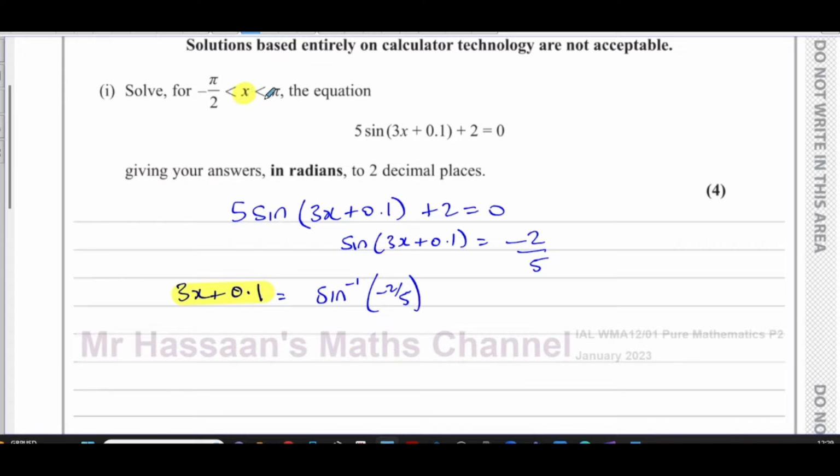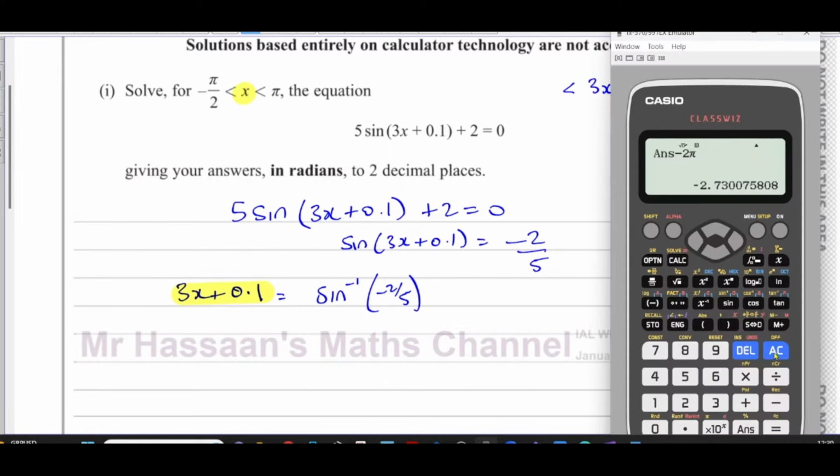So I'm going to write this middle part as 3x plus 0.1. For x to become 3x plus 0.1, it has to be multiplied by 3 first, and then 0.1 is added to it. So I'm going to do the same thing for the minus pi over 2 and for the pi.